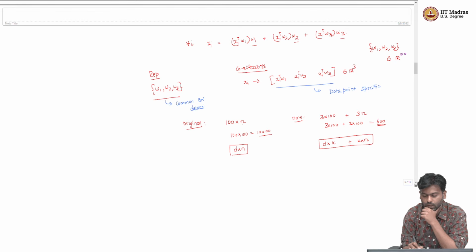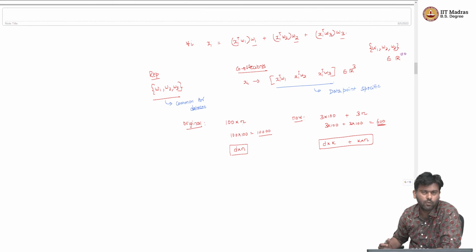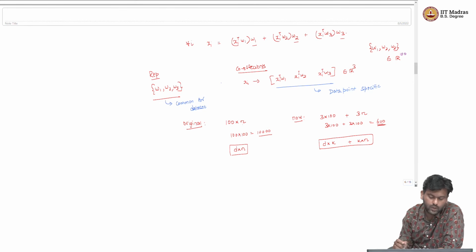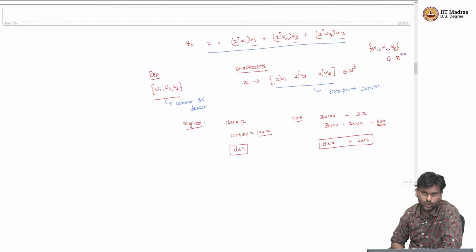That is why they are the representatives, and the representation for this data point depends on the representatives, but is specific. Now, if we want to reconstruct the data set, we could do that using the representatives and coefficients, by taking the linear combination of the representatives where the coefficients are specified by these dot products. So, that would give us exact reconstruction in this case. Okay. So, now this is good.